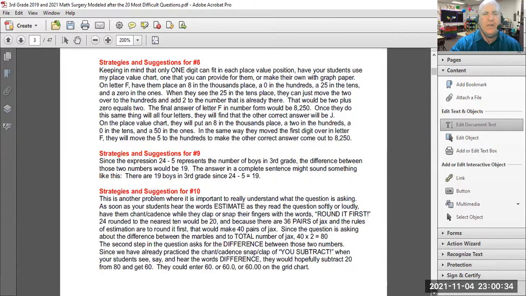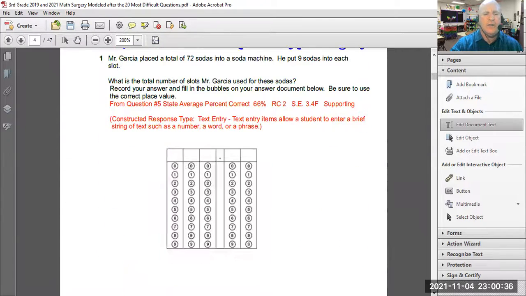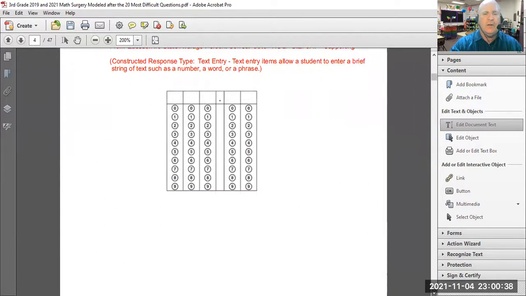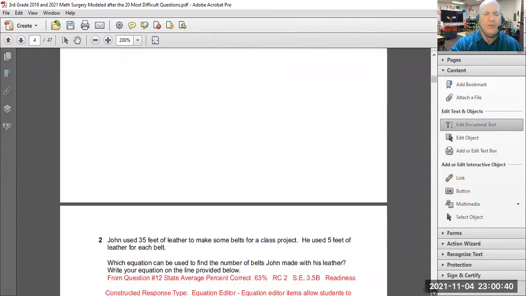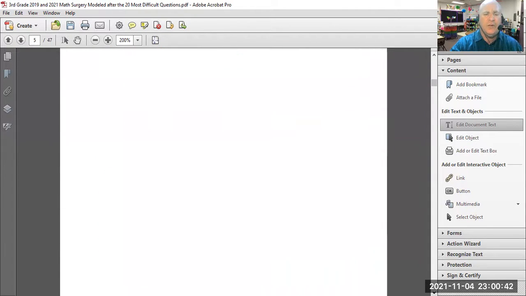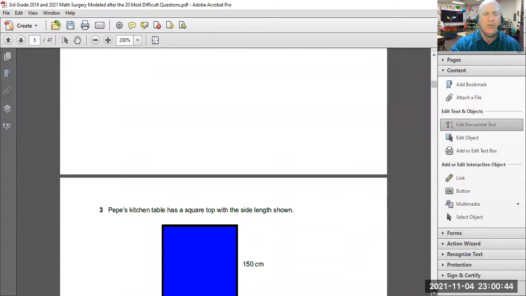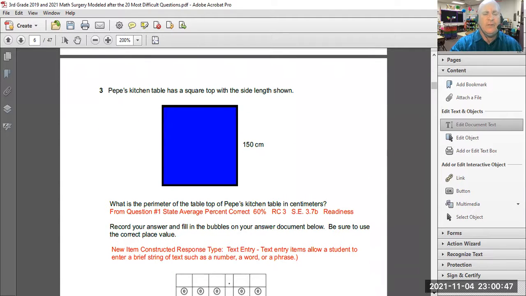And then what you'll see is the 10 questions in the new constructed type response, where you can pick and choose for your kids. What kind of question do I want to give to them in multiple choice, and which ones could I choose where I could practice the new constructed type questions?